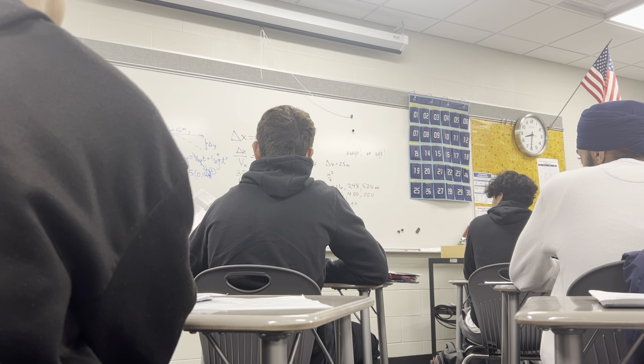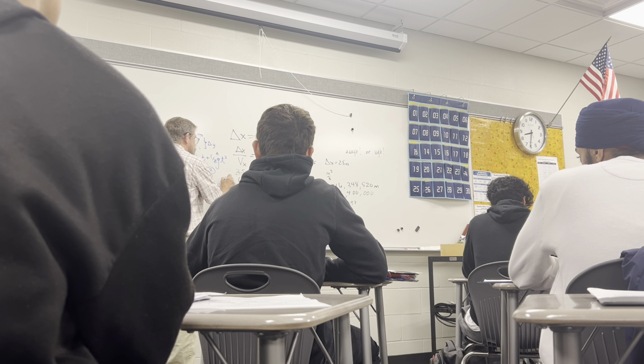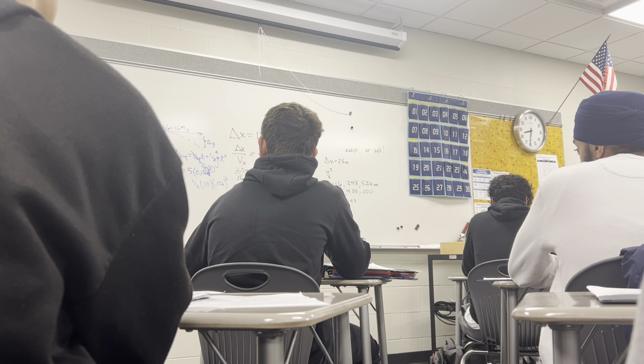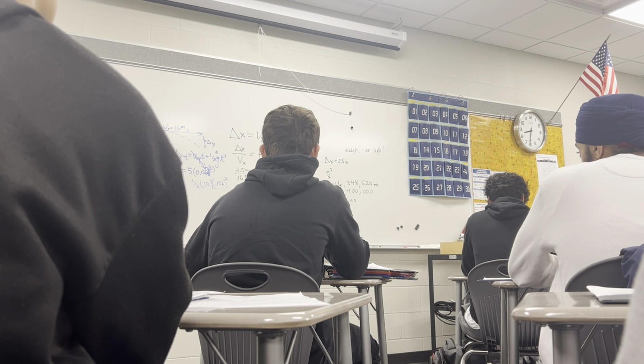Now, the other thing people are asking me is, do I have to square the 5 first? If you type this in your calculator, 1/2 times 10 times 0.156 squared, your TI-30 or better will know the order of operations, and it will take care of you.